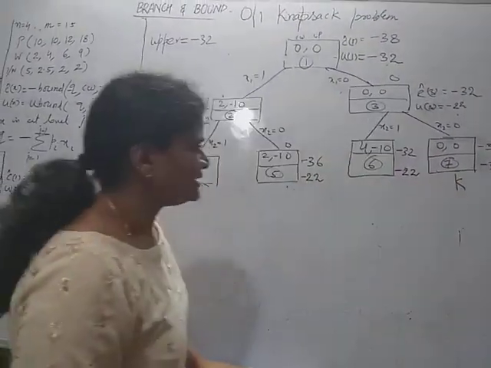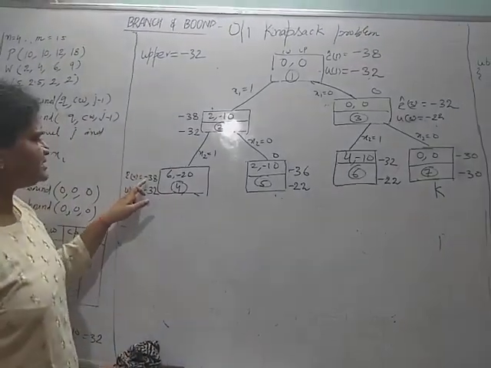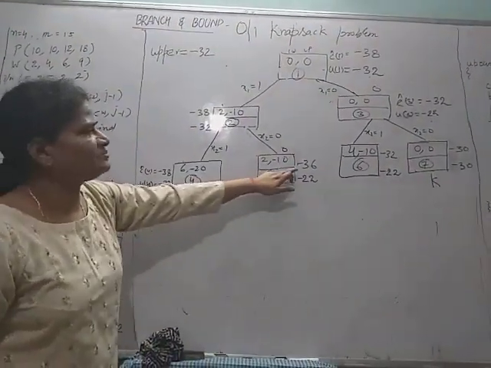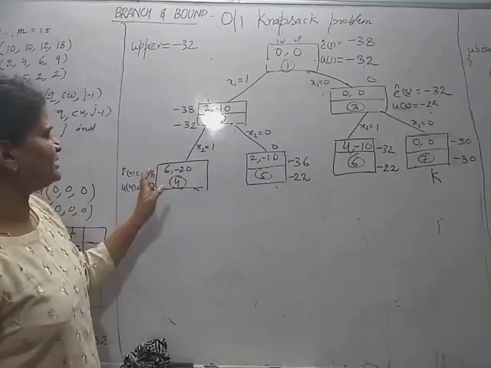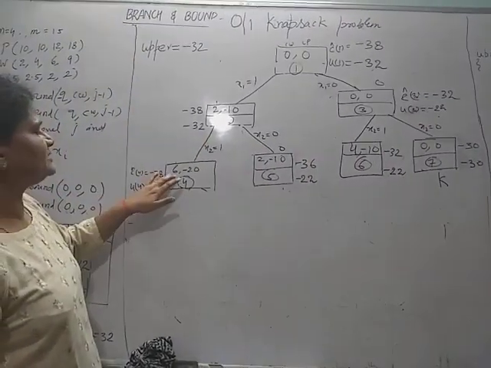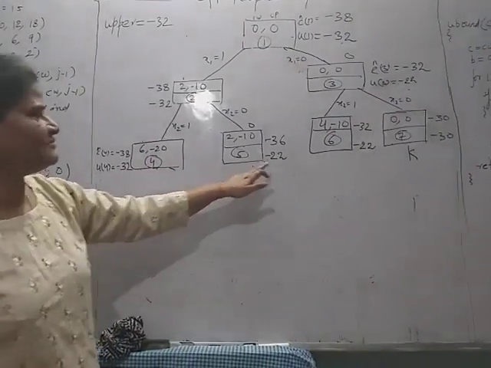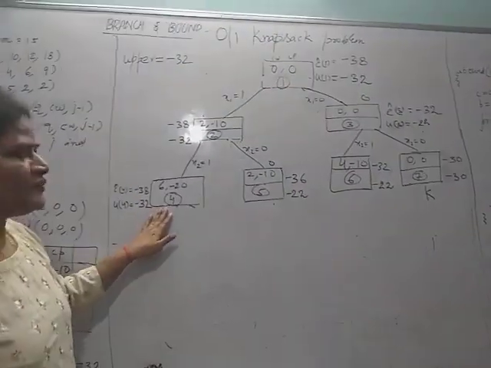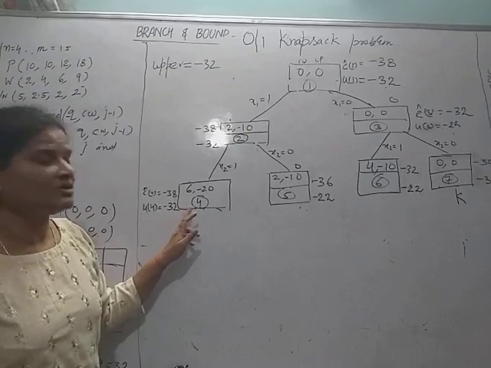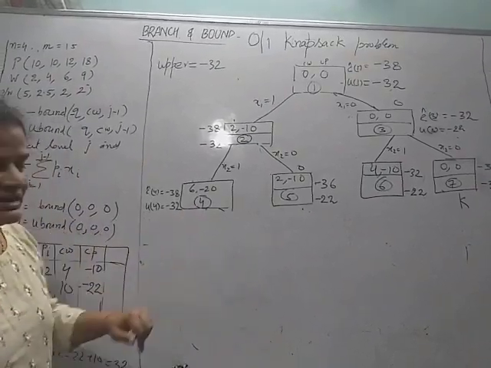Now this is minus 38, this is minus 36, and the lower bound is less than the upper. So at present I have 3 live nodes, 4, 5, 6, and according to FIFO branch and bound, 4 will become the next E node.